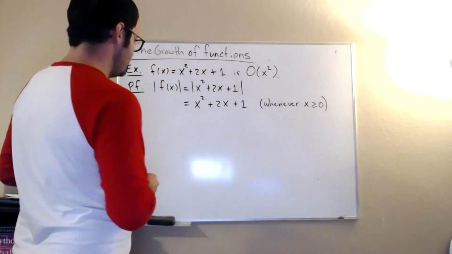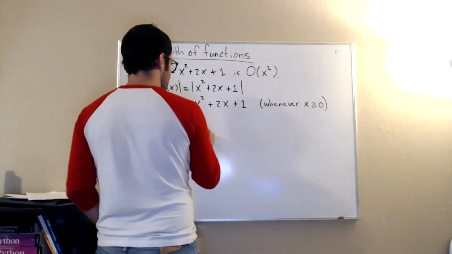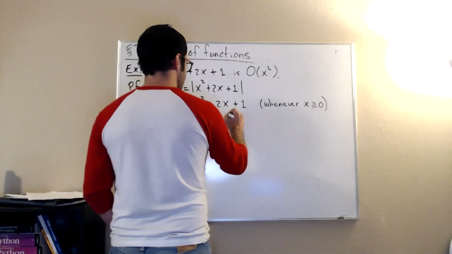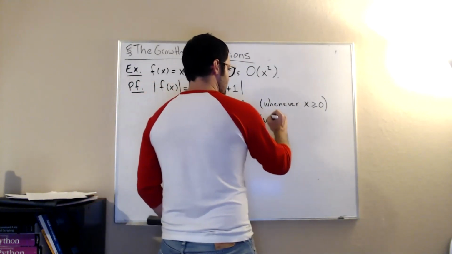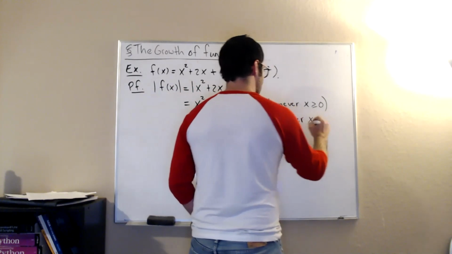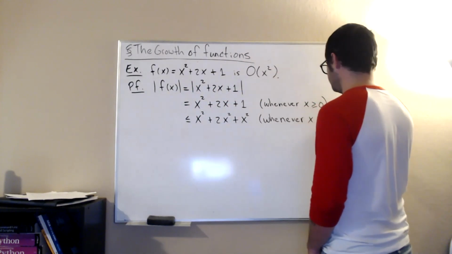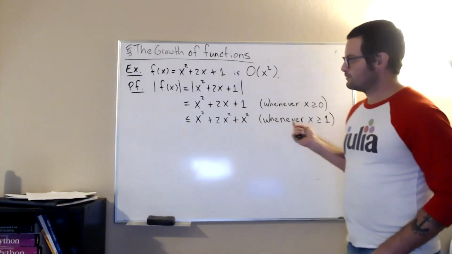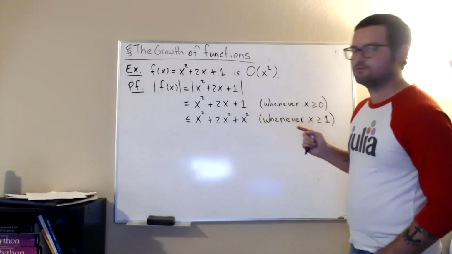So what I'm going to notice now is that this is less than or equal to x squared plus 2 times x squared plus x squared whenever x is greater than or equal to 1. Right? Because here, if x is greater than or equal to 1, then x squared is greater than or equal to x, and then also x squared is greater than or equal to 1.